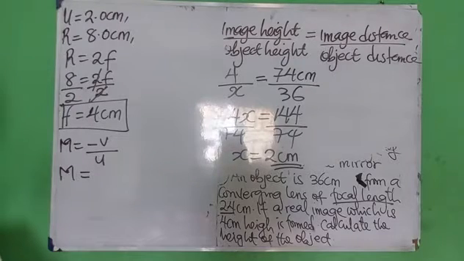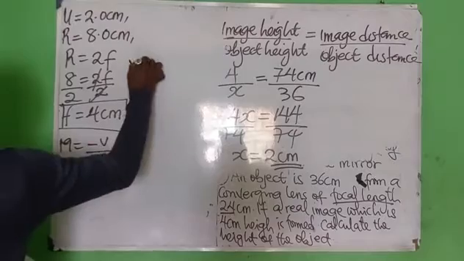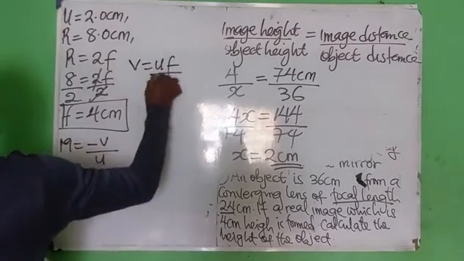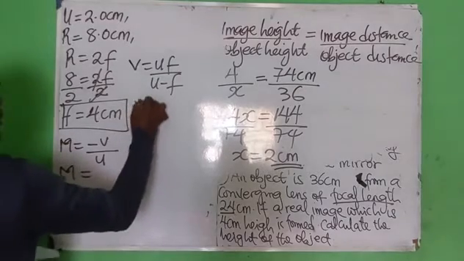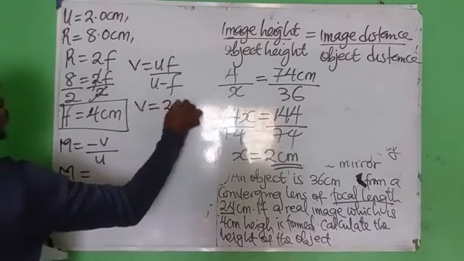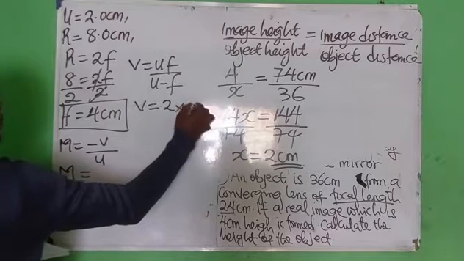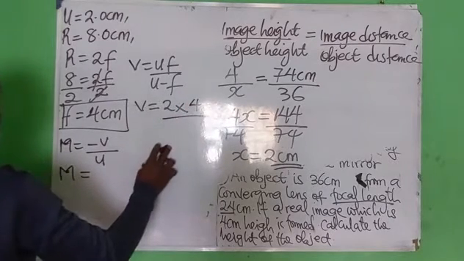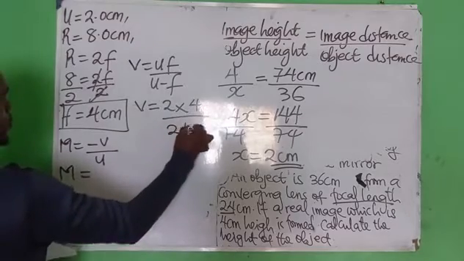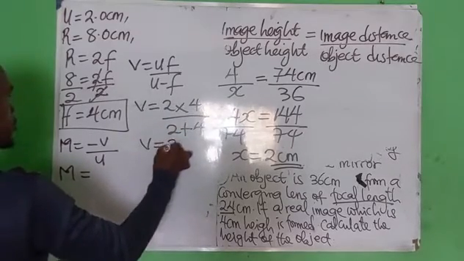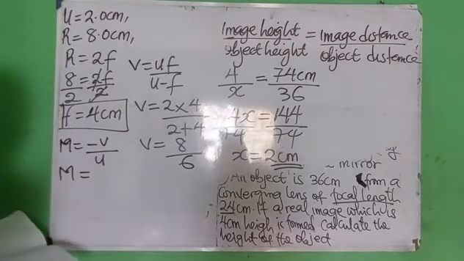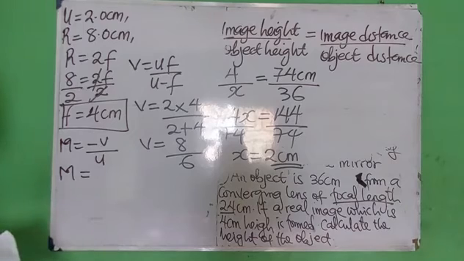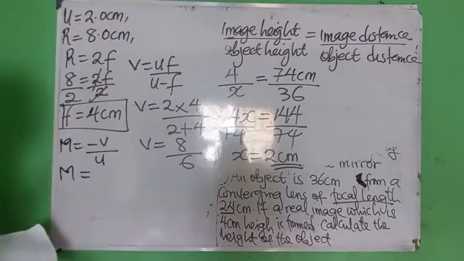So we'll say v equals uf over u minus f. We have to calculate for v in that case. So v is equals u times f over u minus f. I believe that is correct. U minus f now.